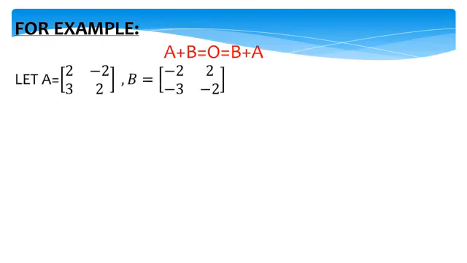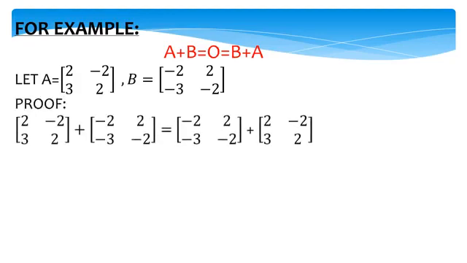For example, A matrix added with B matrix gives the zero matrix, which is equal to B matrix added with A matrix, the result is also zero matrix. Let A matrix be 2 minus 2, 3 and 2, and B matrix be minus 2, 2, minus 3 and minus 2.